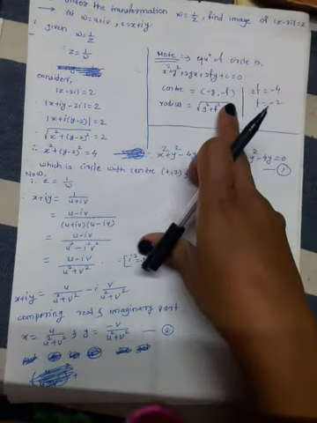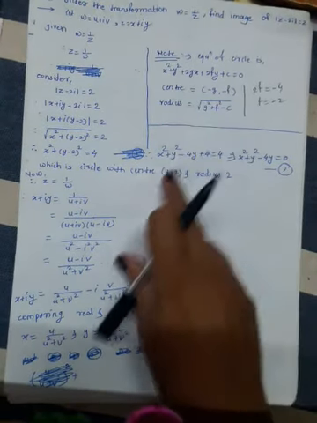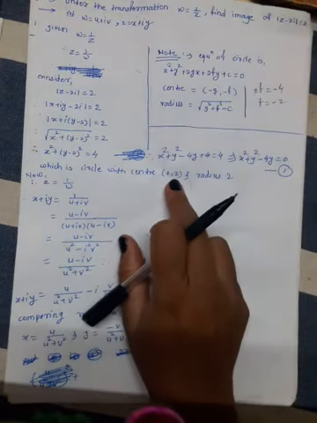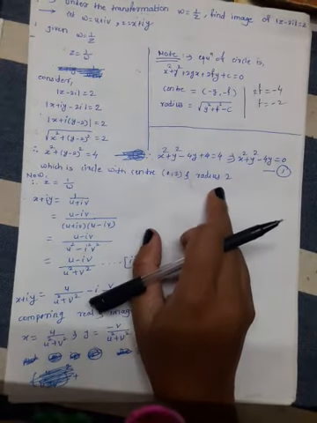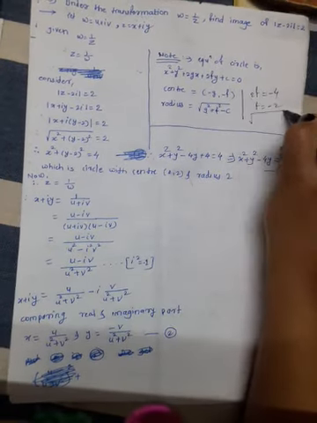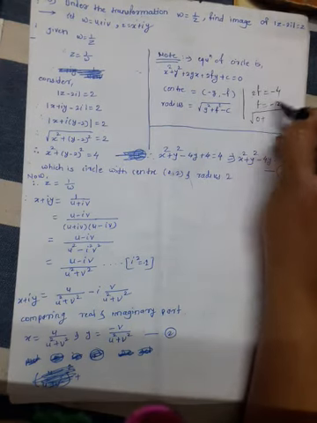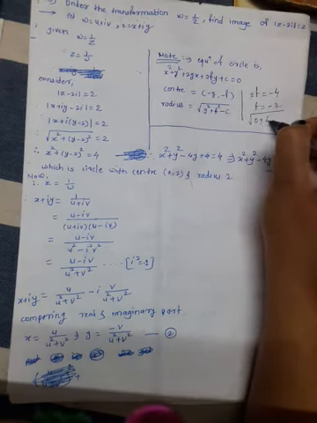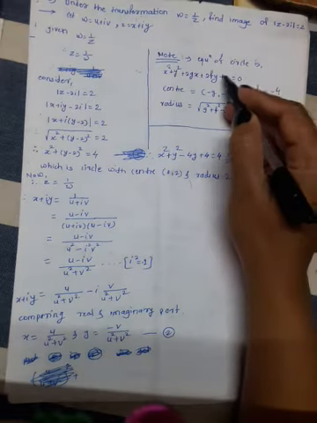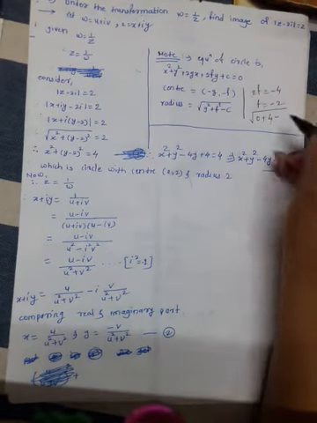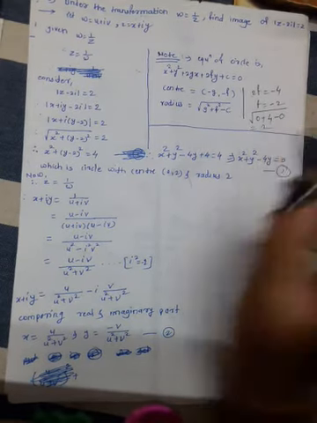That's why the center is minus g, that is 0, and minus f, minus minus 2 is plus 2. Center. And radius is under root g square, that is 0, plus f square, that is (minus 2) square, which is plus 4, minus c; the constant term is not there, that's why it is 0. Answer is 2, radius 2.